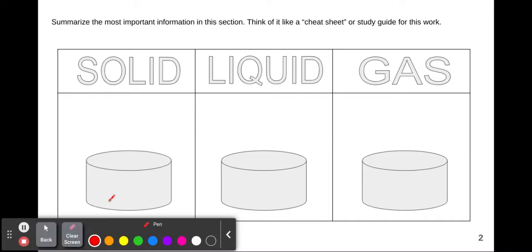Okay, so in the first container, we're going to draw some particles of a solid. What you notice about solid particles is that they usually stay pretty close together. They're often organized in rows or columns or whatever shape they naturally form when the particles are bonded together.